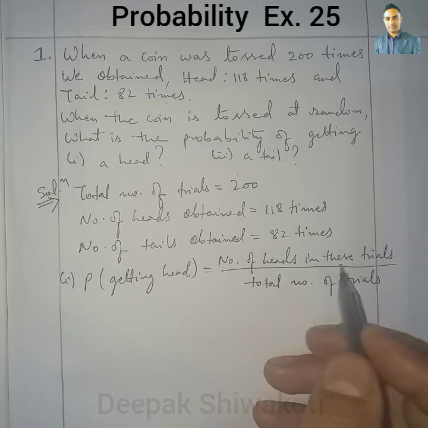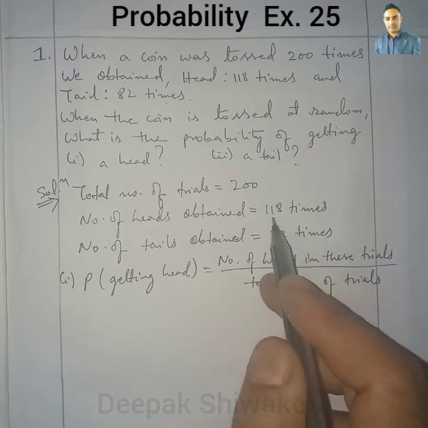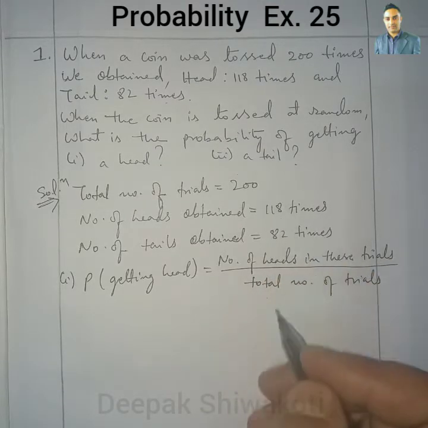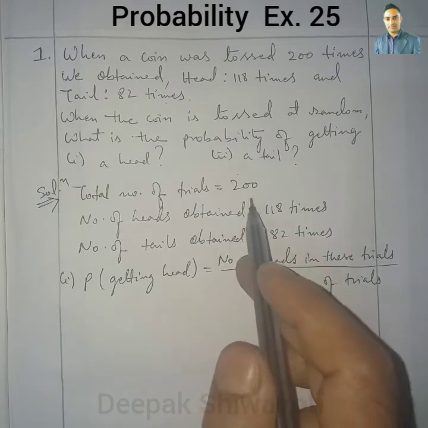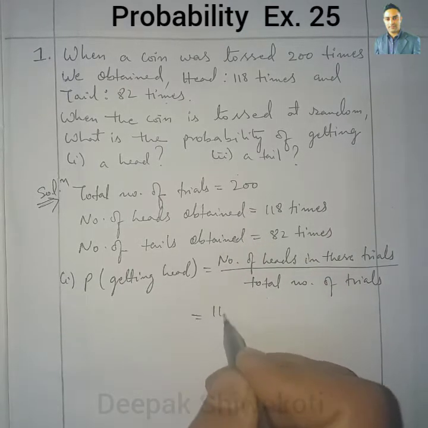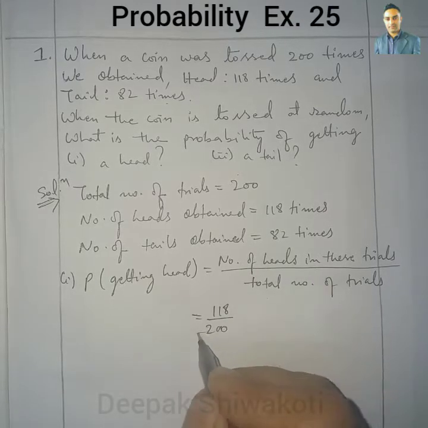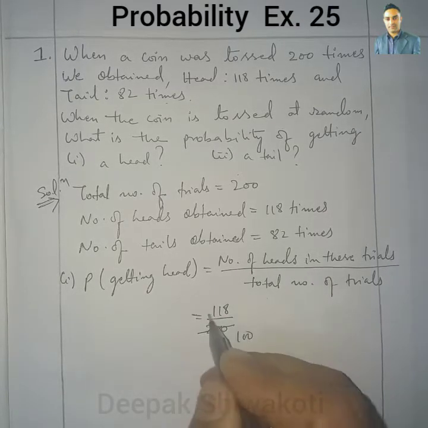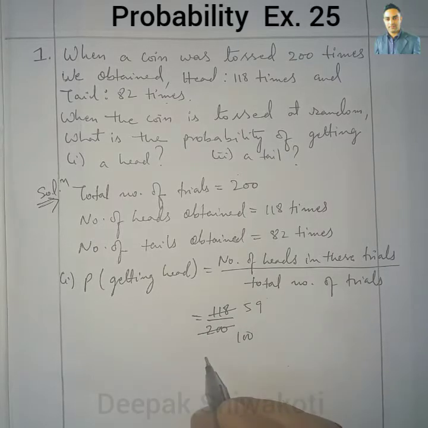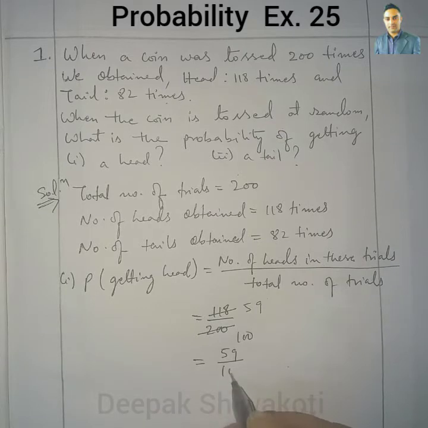So number of heads in these trials is 118 times and total number of trials is equal to 200 times. So here 118 by 200, which we can cancel by 2. So the probability of getting head is 59 by 100.